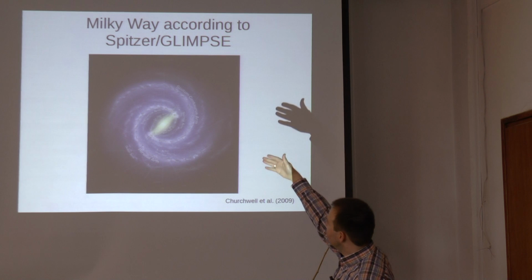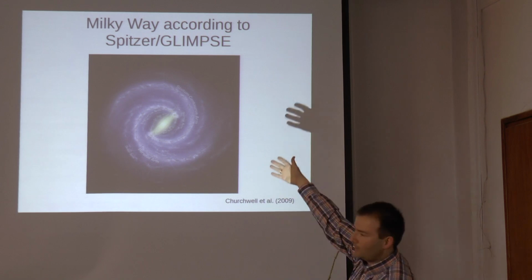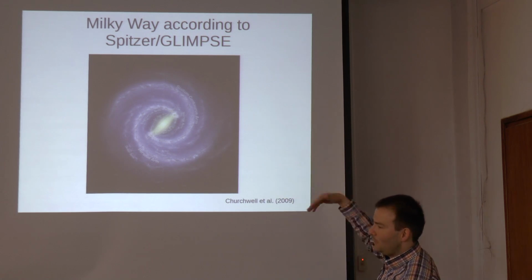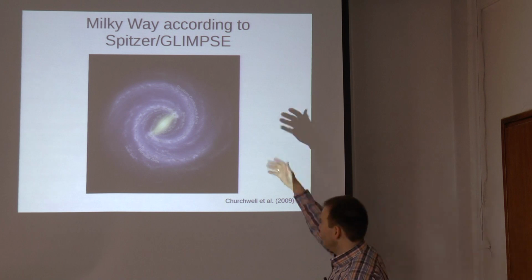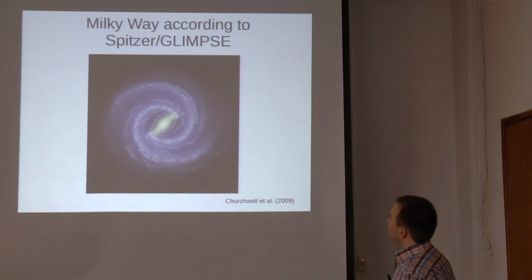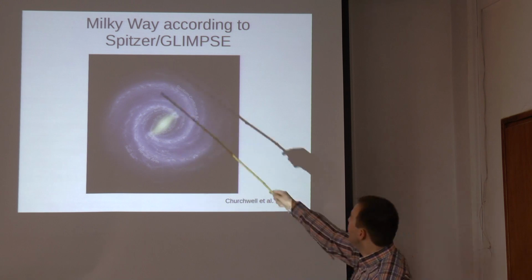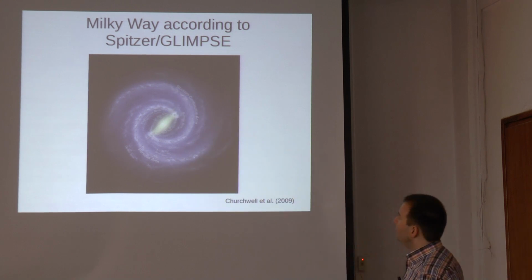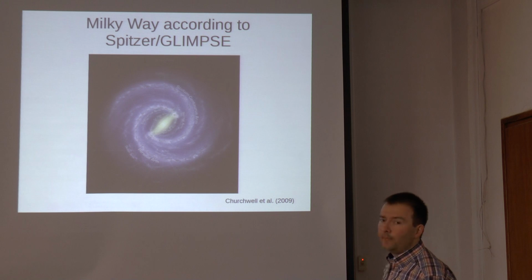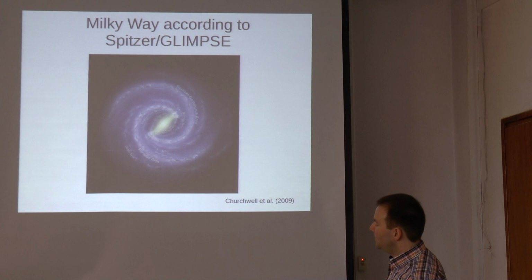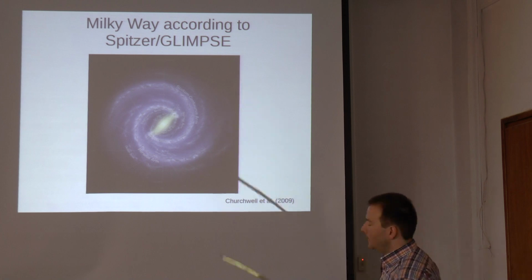As you can see, this is actually mirrored in this image, the other side behind the galactic bulge, and this is based on near-infrared observations from the Spitzer mission, instrument GLIMPSE.